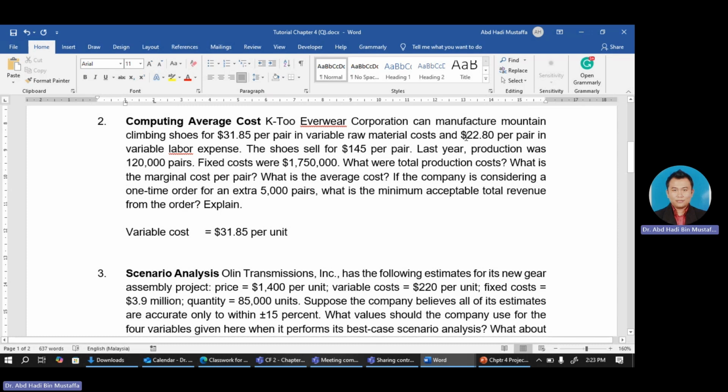Okay, and then you see here 22.80 per pair in another variable labor expense. That means in this question you have two variable costs. So what you have to do is you just add up these two, because you have two variable costs. If you have one variable cost, there is no problem, you can take it. But since you have two variable costs, you need to add up those two.